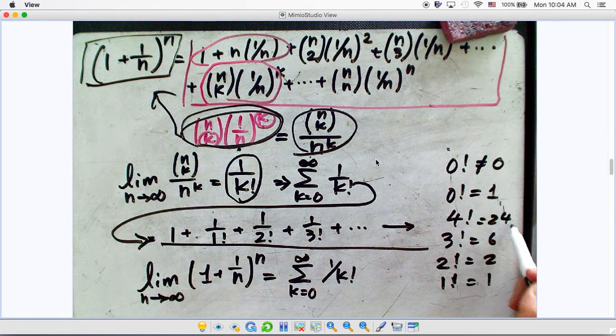You see that in order to get from 24 to 6, you divide by 4, from 6 to 2, you divide by 3, from 2 to 1, you divide by 2. So if you follow the pattern, we have to divide 1 by 1, which gives 1. So that's why 0 factorial is, I'm sorry, it's not 0. 0 factorial is 1. Okay?